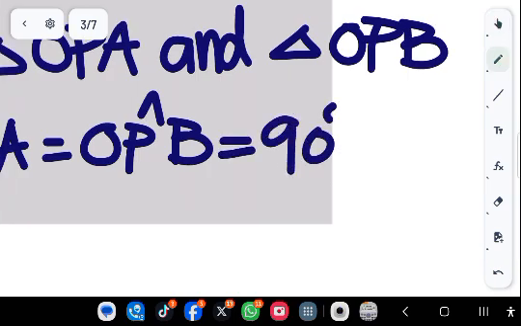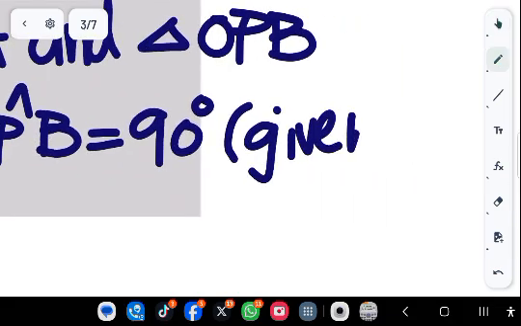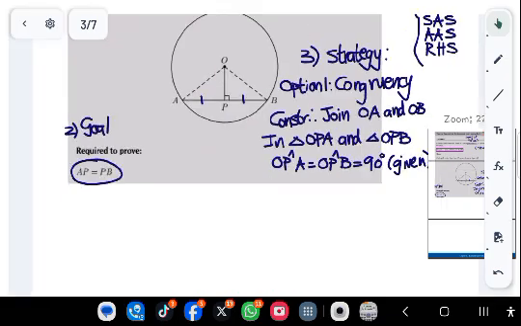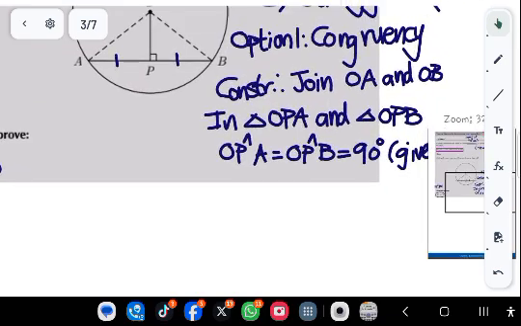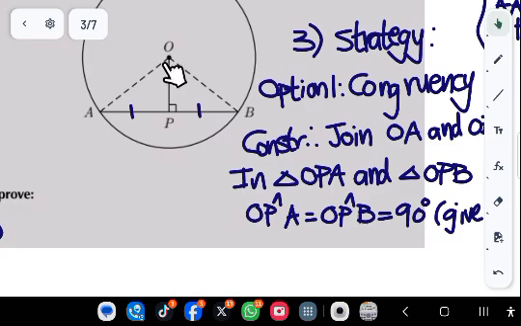We are given that. That's the reason. Must always have a reason, and it must be valid. So that's step number 1. That is the R part of our RHS. So we decided to use RHS as our proof.